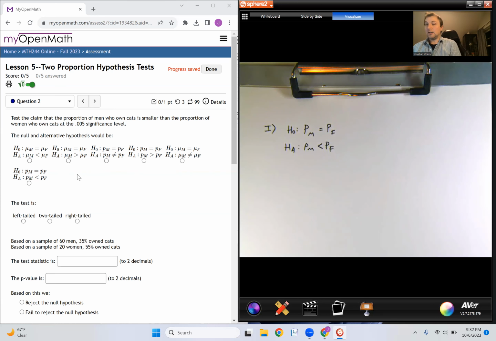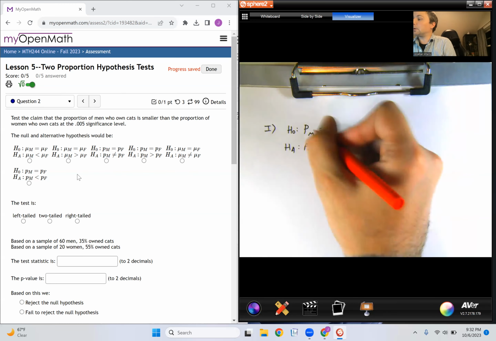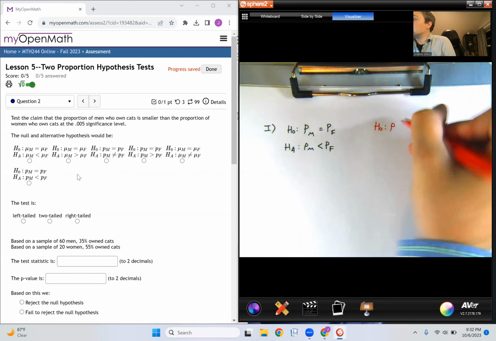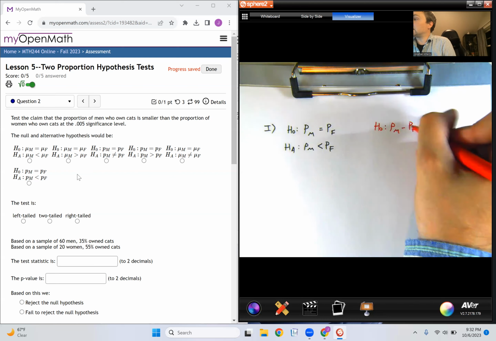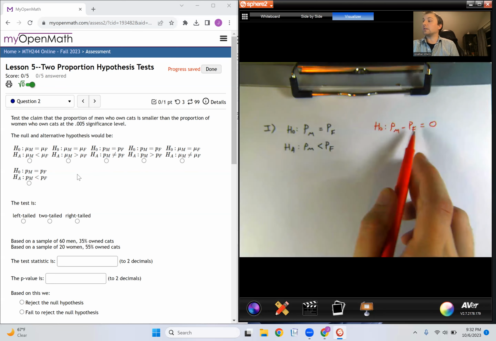And I just want to show you another way to write these hypotheses. You could have also written this by moving the PF to the other side. The null hypothesis is that the difference, male minus female, is equal to 0. In other words, there is no difference. So the null hypothesis assumes the groups are the same.